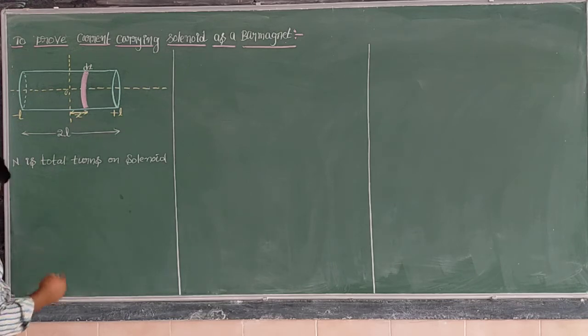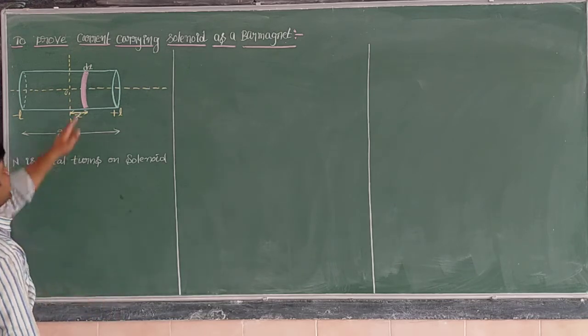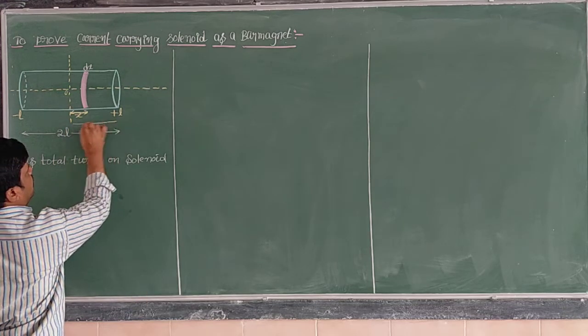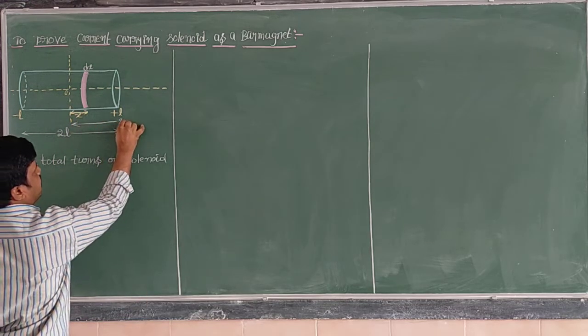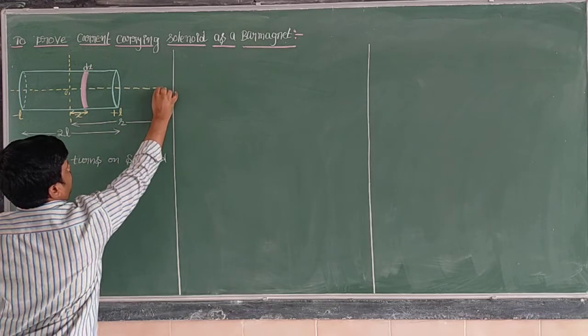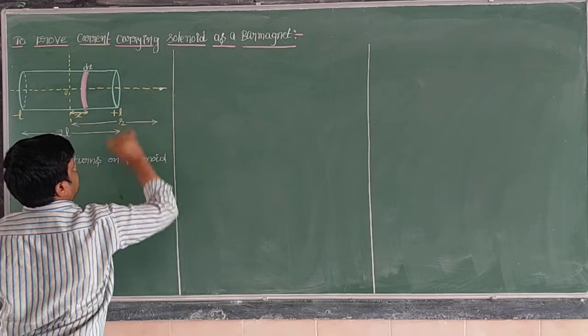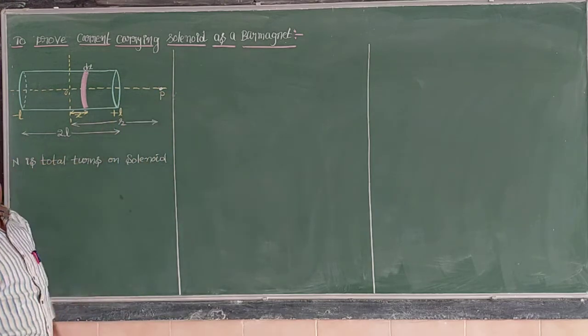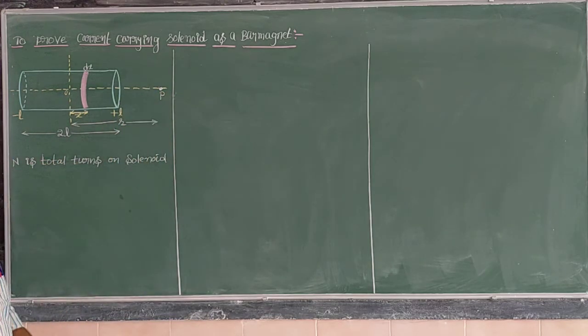Now, due to these many turns, at a distance small r from the origin, at a point P, we have to calculate the magnetic field.